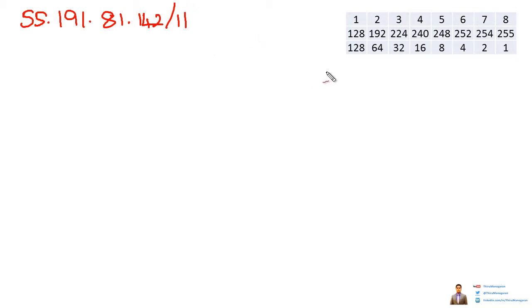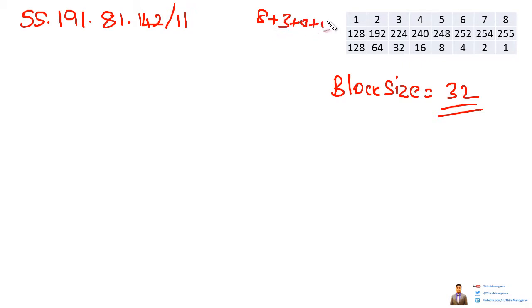Now we know the block size is 32, and we are interested in the second octet. So we're going to divide this number, 191, by the block size, 32.